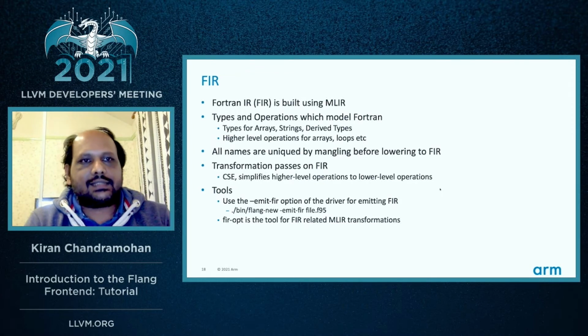Coming to tools that can be used with FIR: first of all, to generate FIR, we have to use the driver flang-new with the emit-fir option. And secondly, there is this tool fir-opt, which can be used for performing MLIR related transformations.